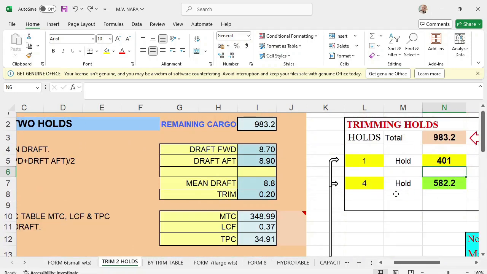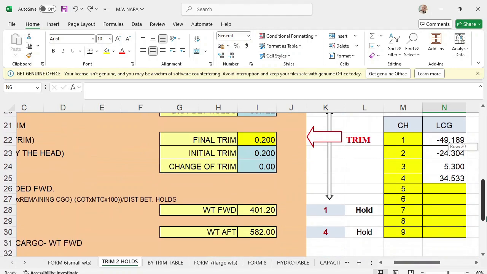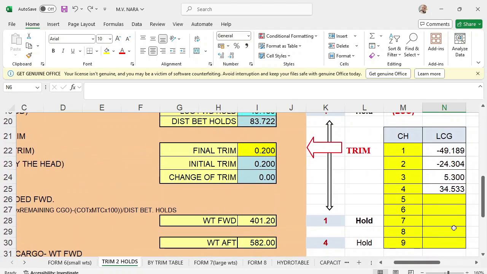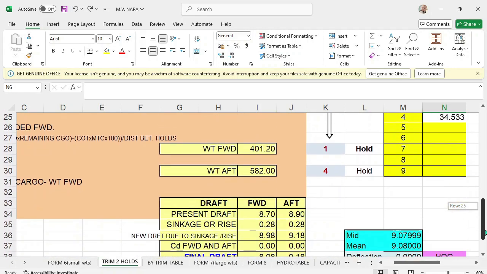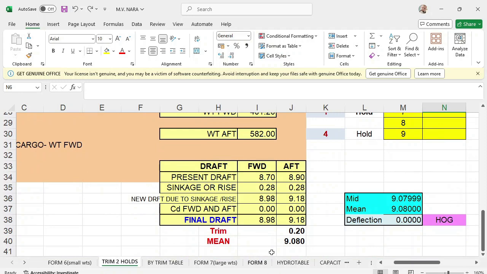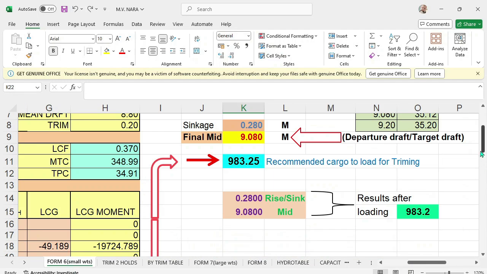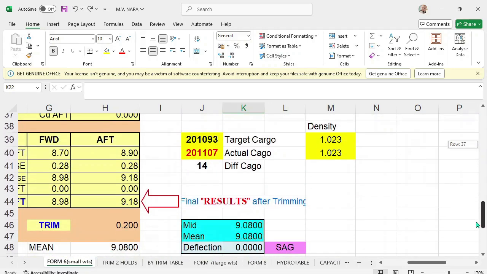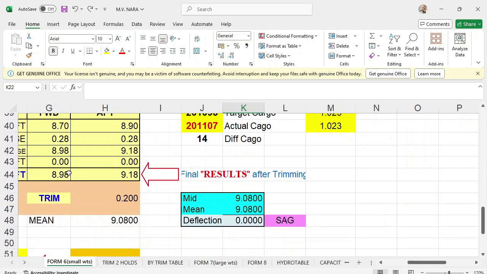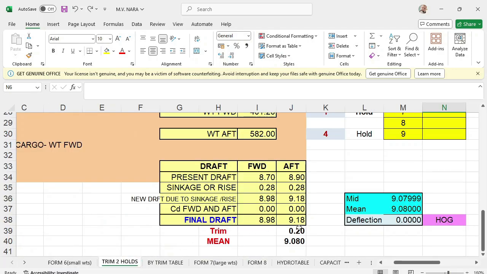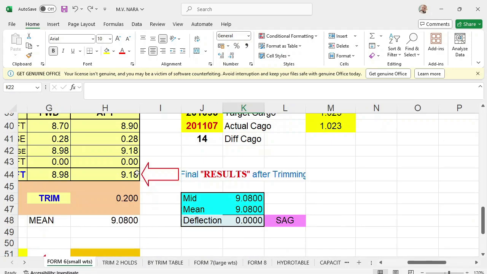You put here 401, number 4 will be 582, and 582 here, and your drop will be 9.98, which is the same here. Up drop will be 9.18, up drop is 9.18.